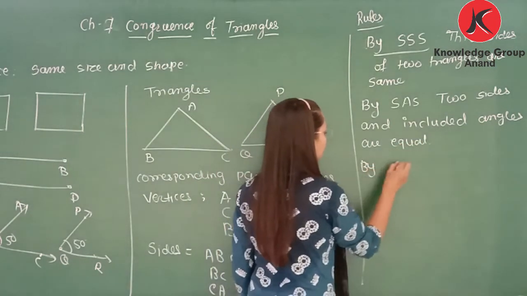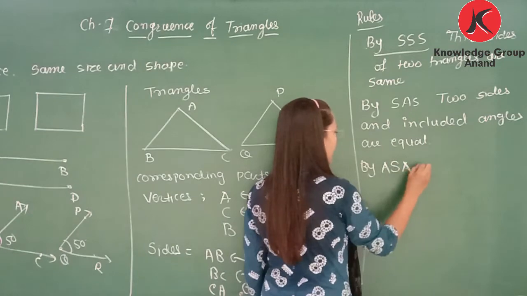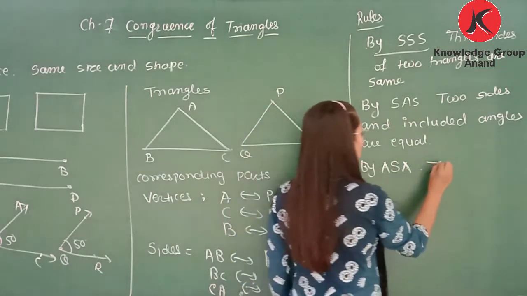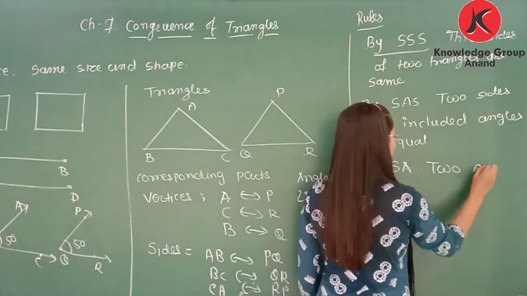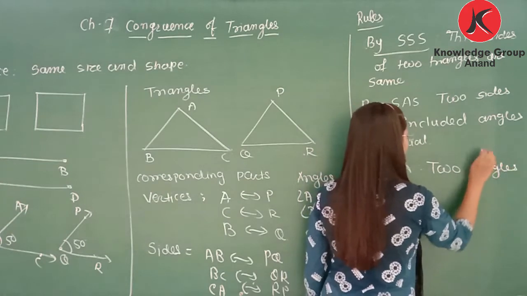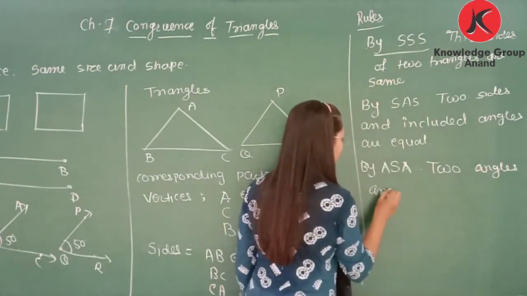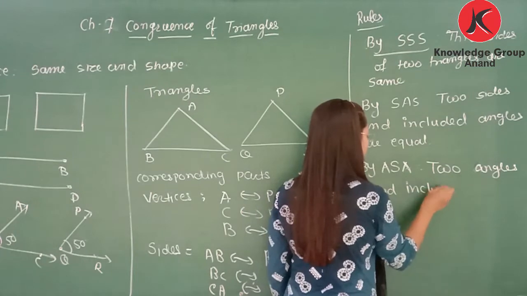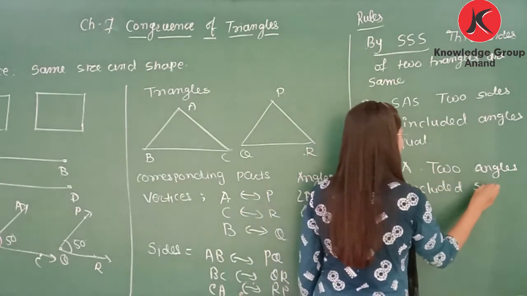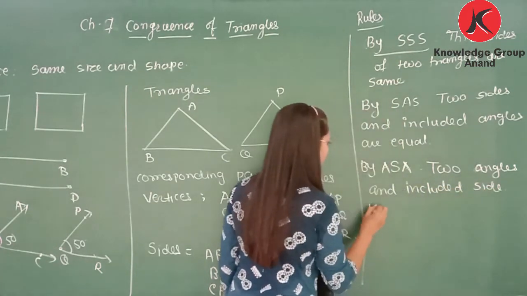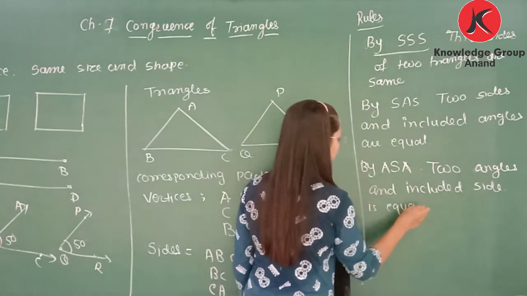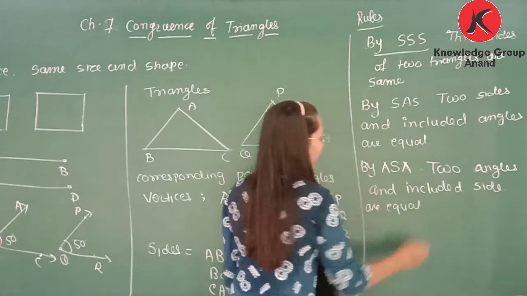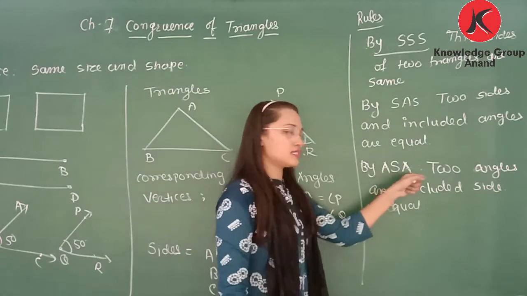Then by ASA criteria, if two angles and the included side are equal, then we can apply the ASA criteria.